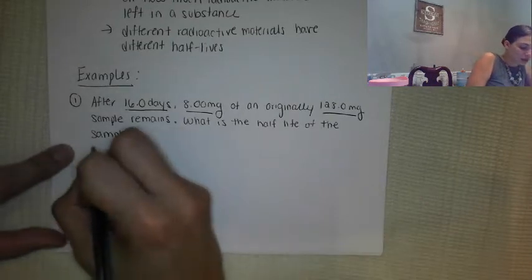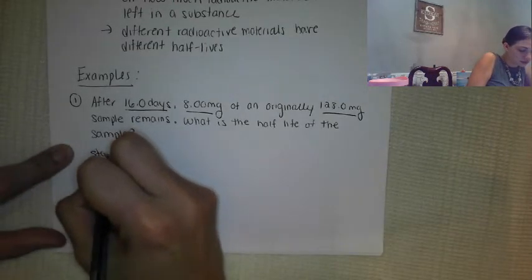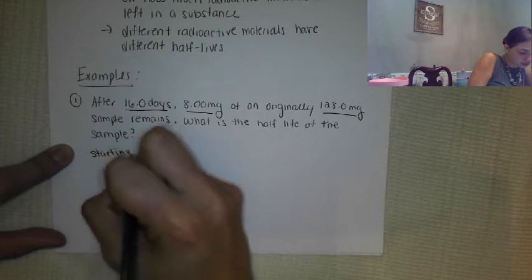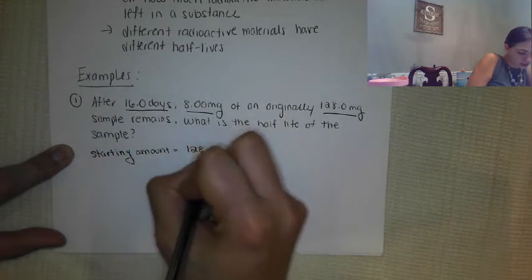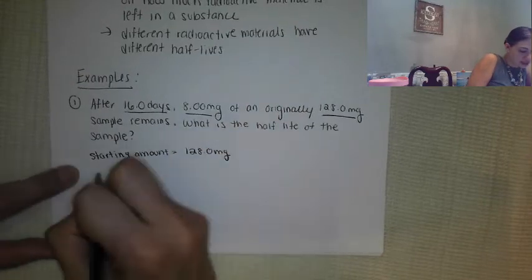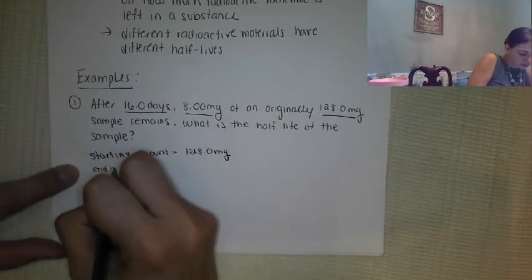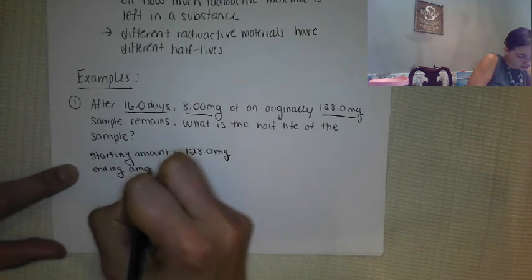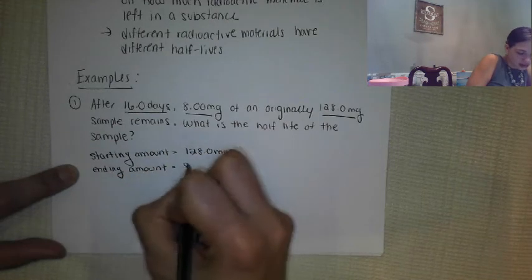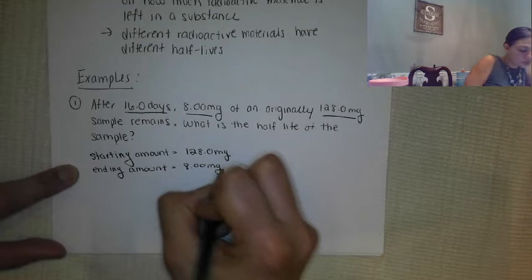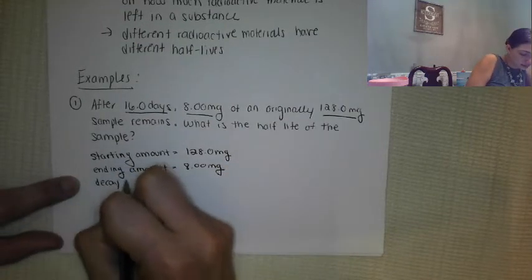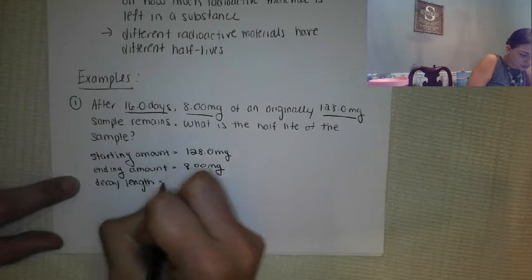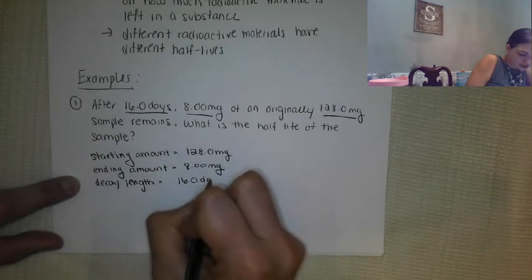So our starting amount was 128.0 milligrams, and our ending amount was 8 milligrams. And we know that the decay length was 16 days.